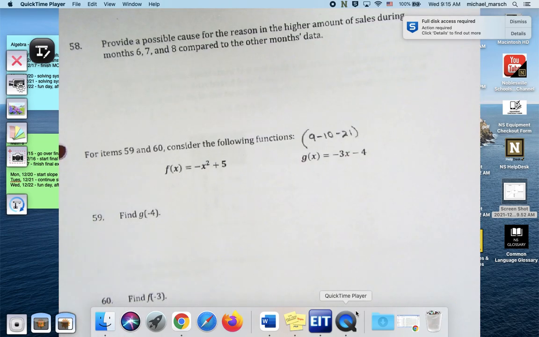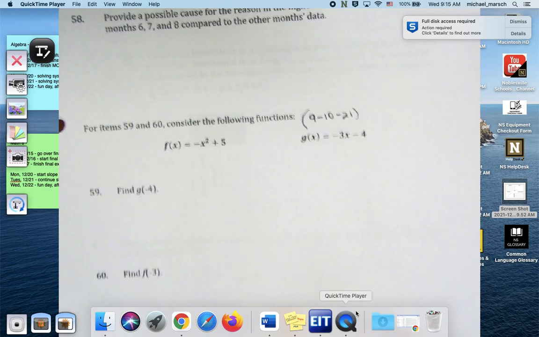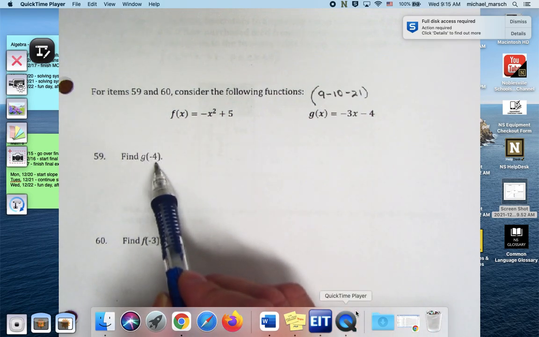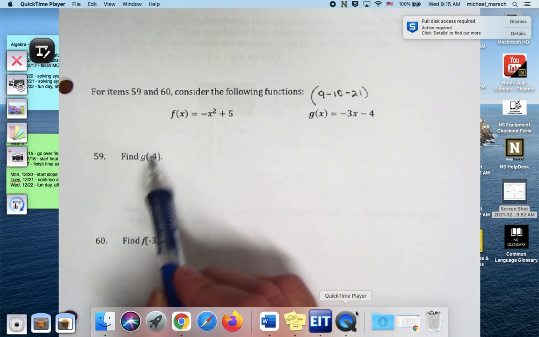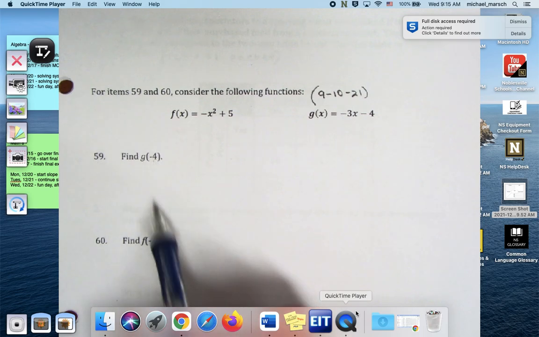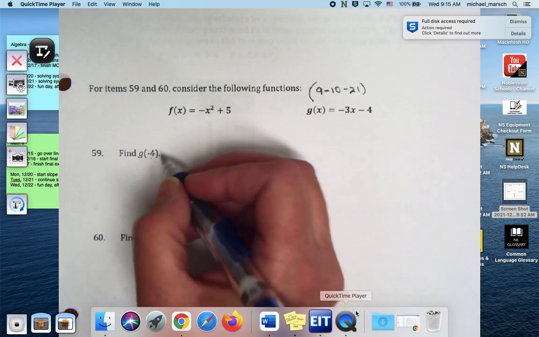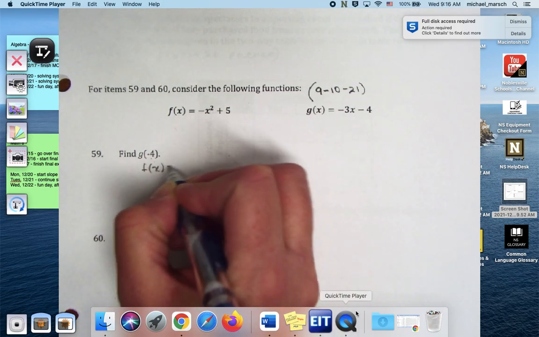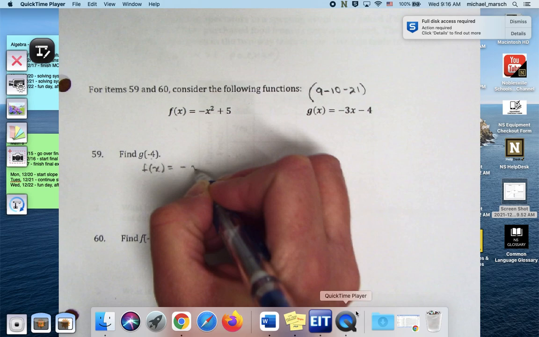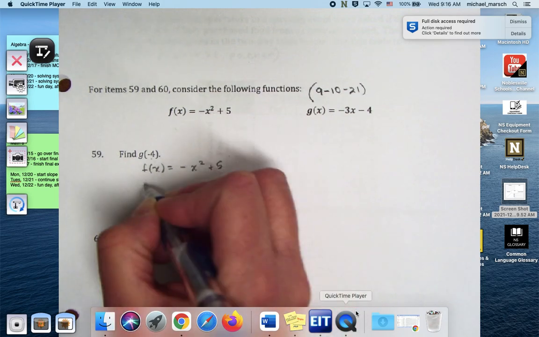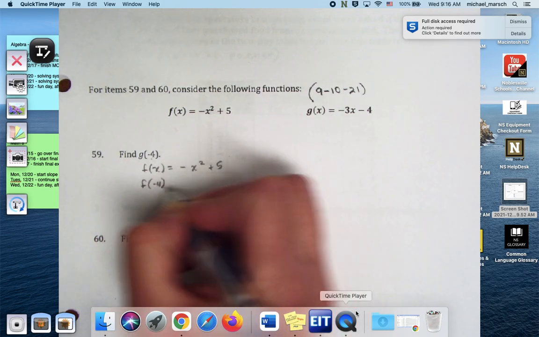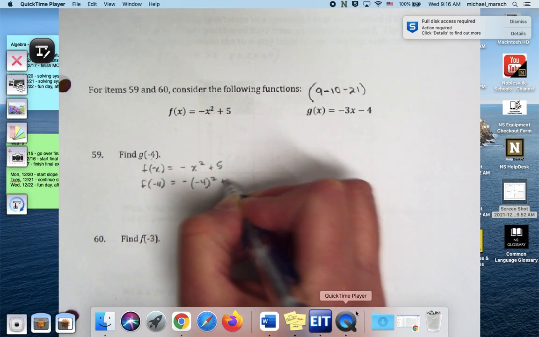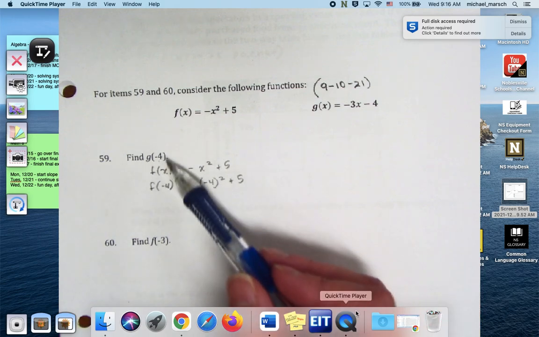Okay, and I think we just have 2 more. Guys, we're killing it. All right, so 59 and 60, we're just putting this number here in for x. That's all we're doing. Don't let these letters scare you. So if I put -4 in for x, f of x equals -x squared plus 5. The function of -4 equals negative of -4 squared plus 5. So all I did was put this here.